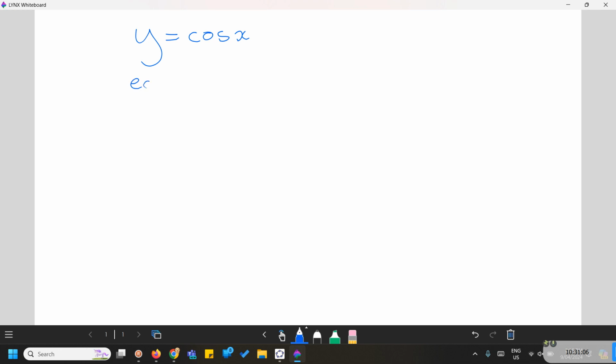So what is the equation of the tangent when x equals pi on 6?